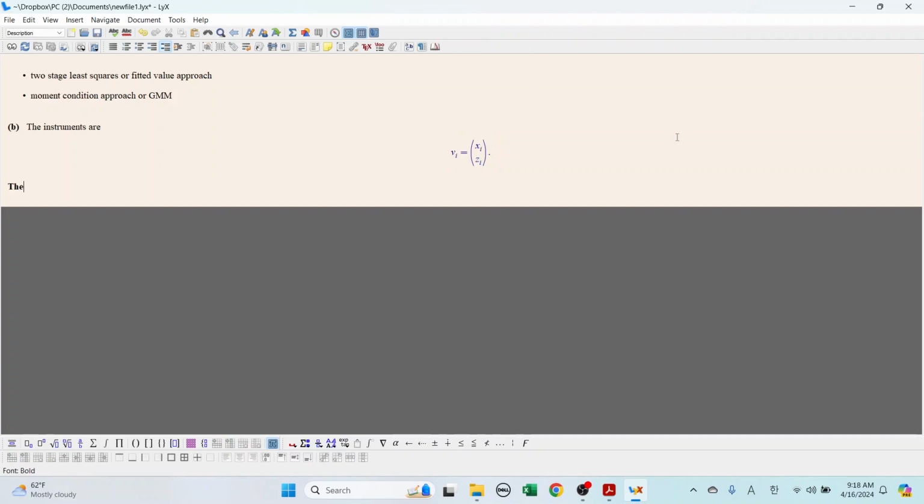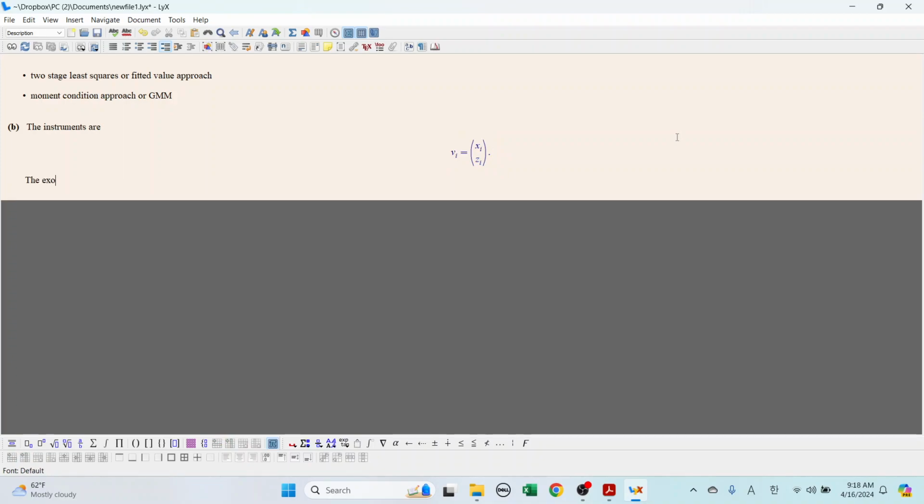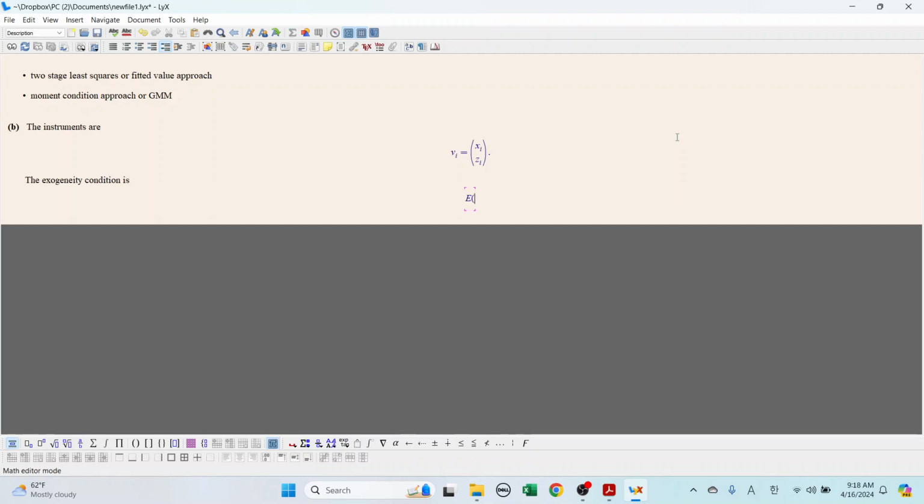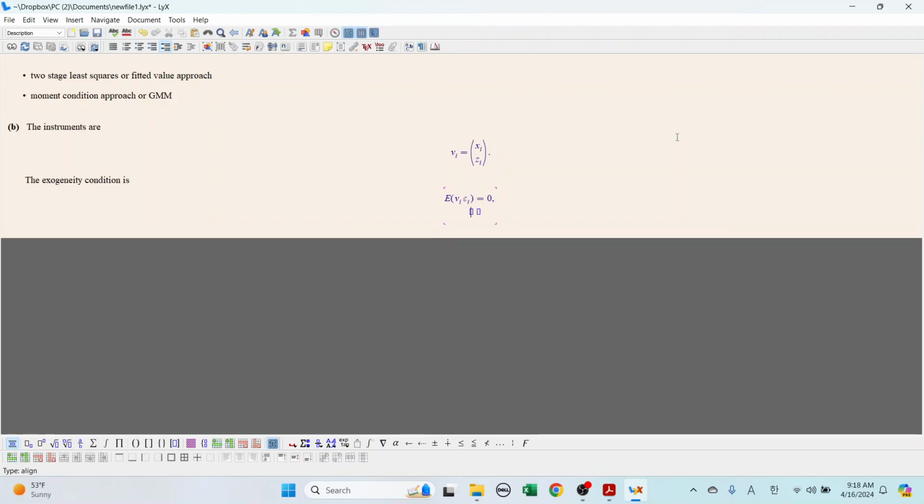And the exogeneity condition is this equals 0. But as you know, we would like to rewrite epsilon as y minus beta 0 xi.